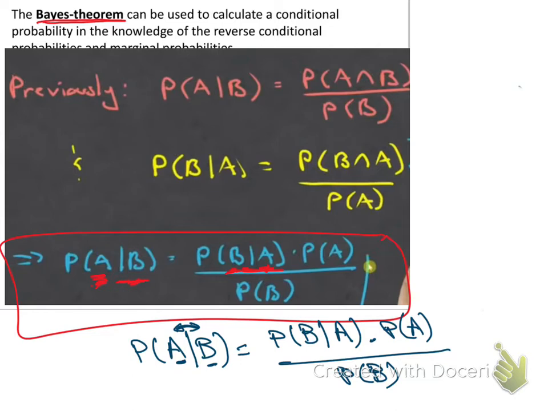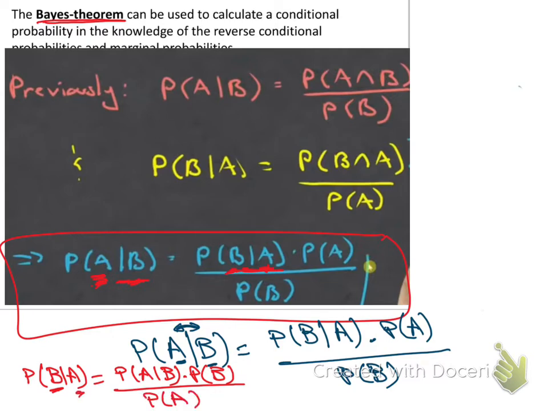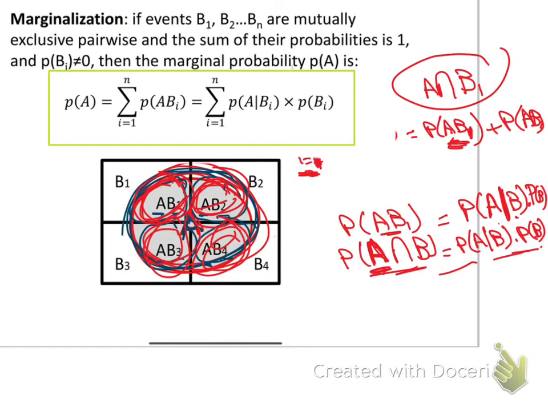In the same way, I can have the probability of B given A equals the probability of A given B times the probability of the first one, which is B, divided by the probability of the last one, A. In some books, and also this is the case here at Debrecen University, you remember that in the last video the probability of A was the sum of the probability of A given Bi times the probability of the last one, Bi.